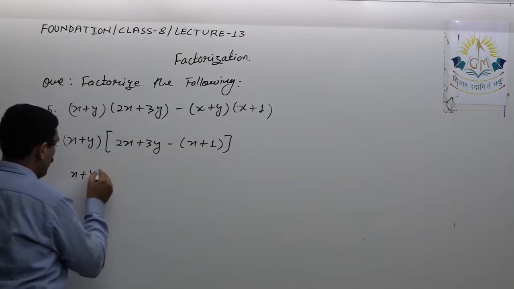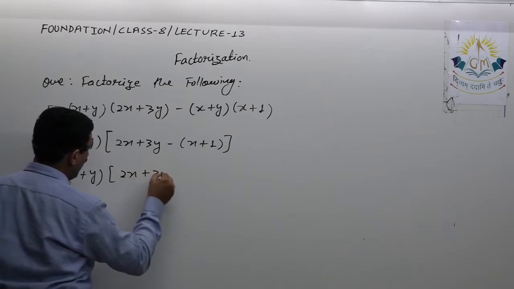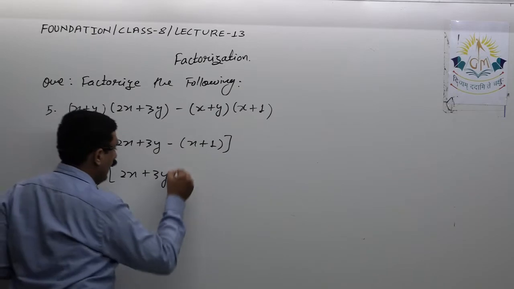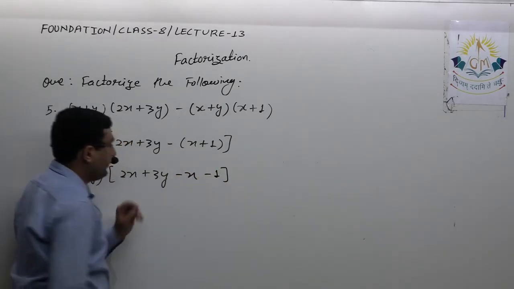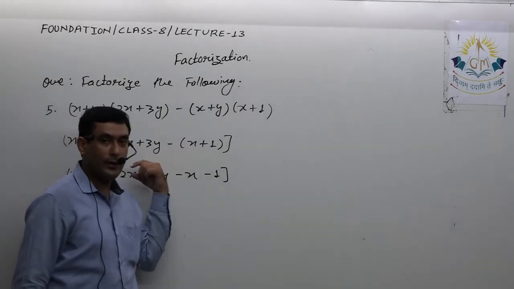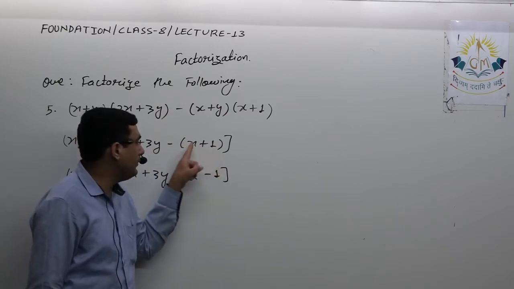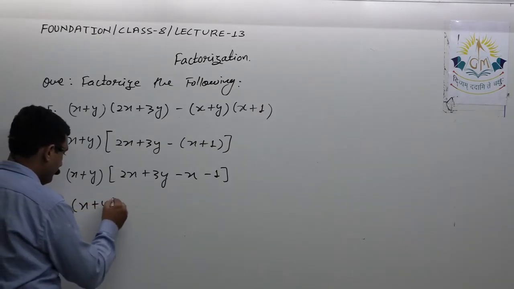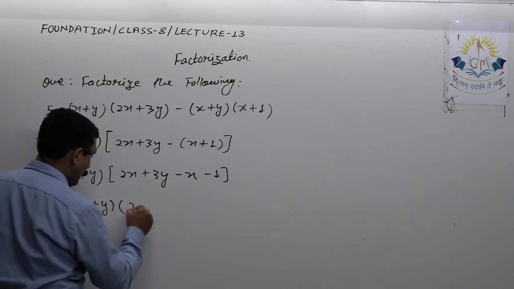So here x plus y, over here 2x plus 3y. Now when I open the bracket, this x will become minus x and here it will become minus 1. I hope you know the rules of opening the bracket. If there is a minus sign outside the bracket, then we'll change the sign of each and every term inside the bracket. So here it is x plus y. Now 2x minus x.